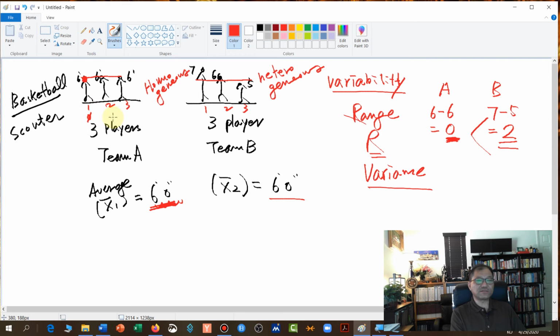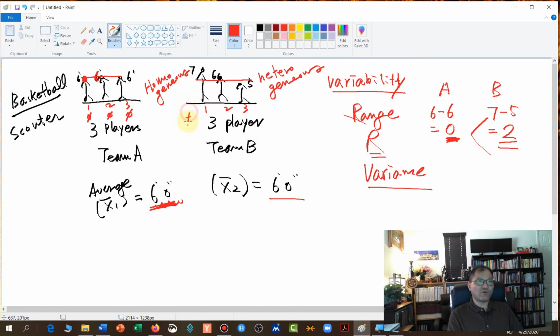0 variance. What about team A, player number 2? Height 6 is the same as the average. So there is no variance. Numbers don't change from the mean. This one, 0. What about here? Team B's mean is 6, 0. This one, 7, is over by 1 foot.